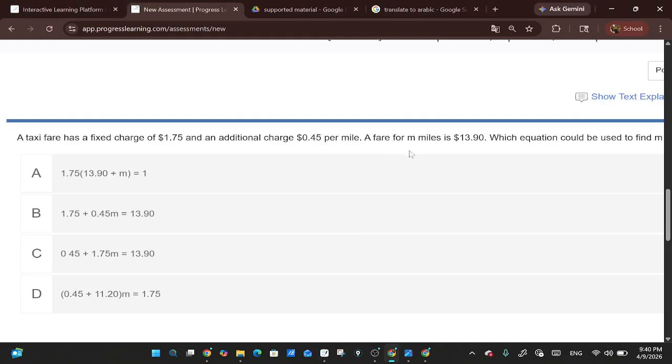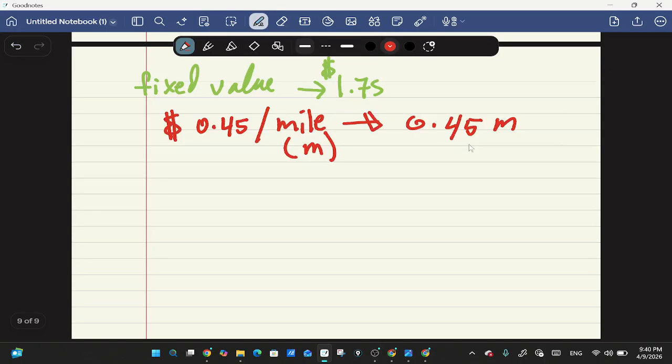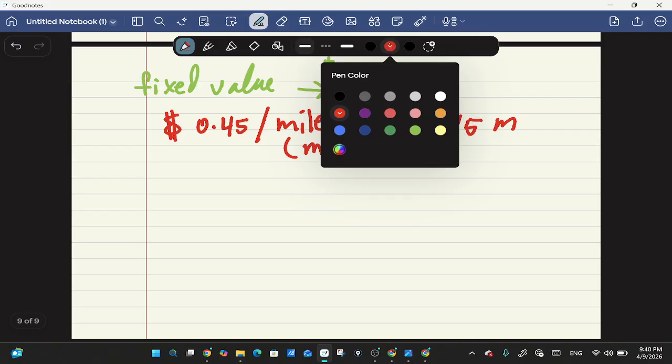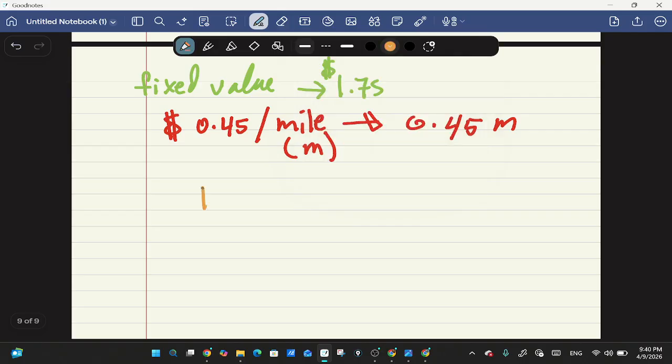Now a fare for m miles is charging $13.9. So the taxi is moving certain miles. We don't know how many miles this taxi moves, but we know that the taxi is moving.